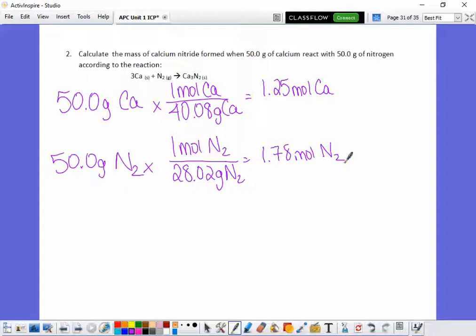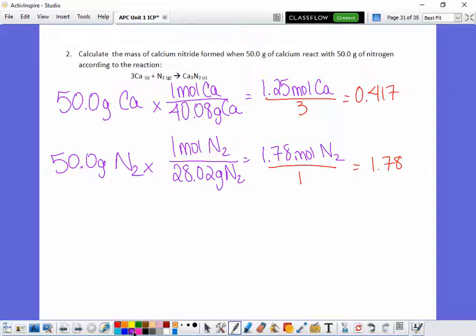All right, now we are going to divide the moles of each substance by their coefficient in the equation. So we're going to take the 1.25 moles of calcium and divide it by 3. And for nitrogen, divide it by 1. Obviously, this is going to stay as 1.78. But what is 1.25 divided by 3? 0.417.